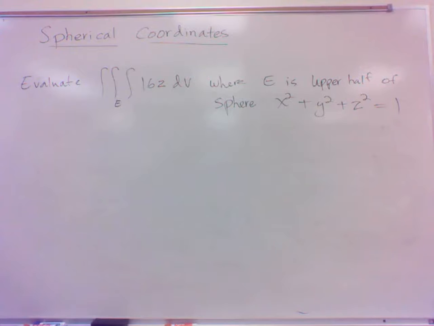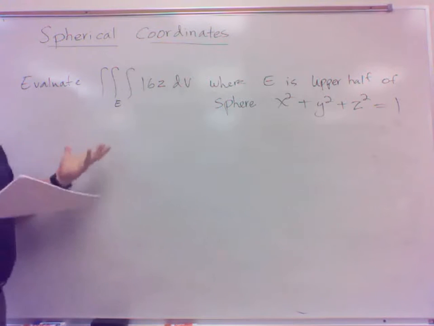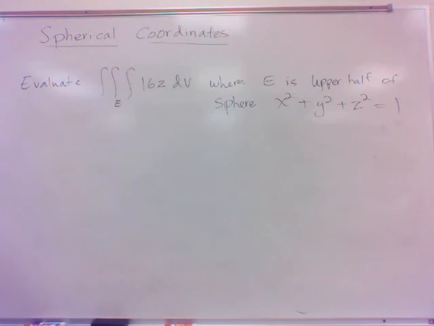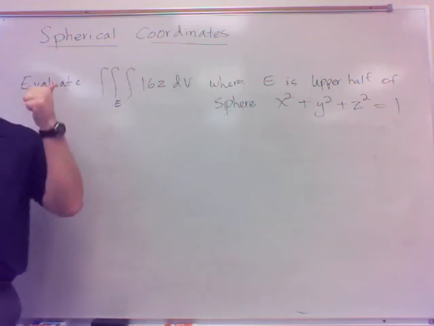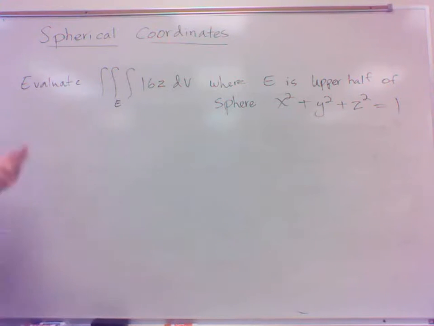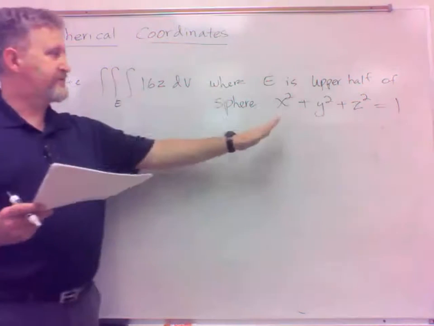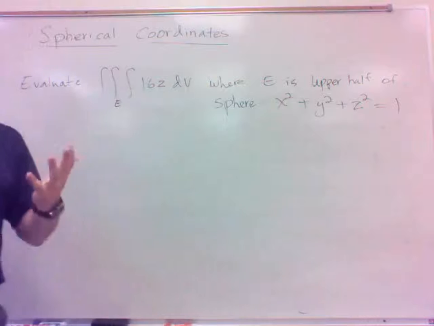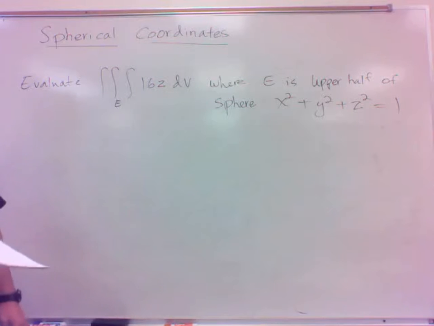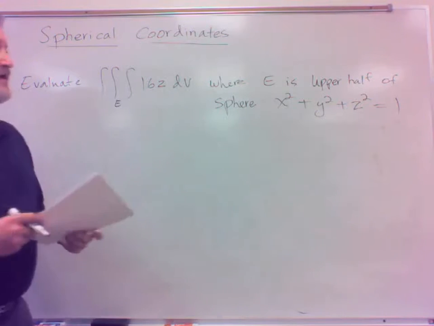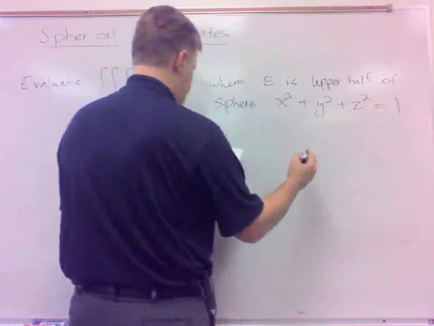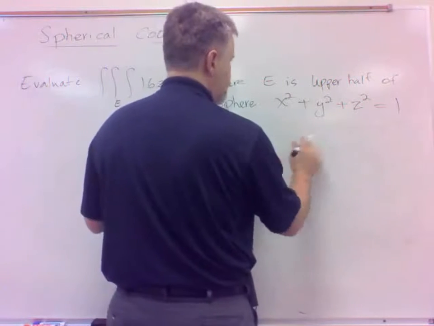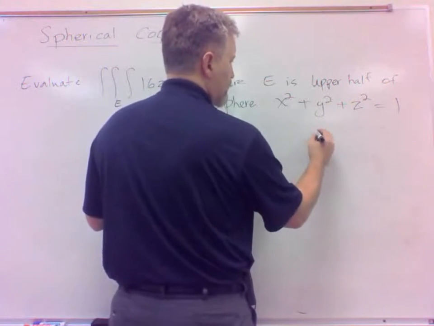So, the hard part here is basically getting our limits for rho, theta, and phi. Since we're talking about a sphere, x squared plus y squared plus z squared equals 1 is simply rho equals 1, isn't it?